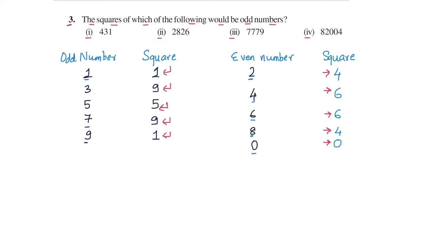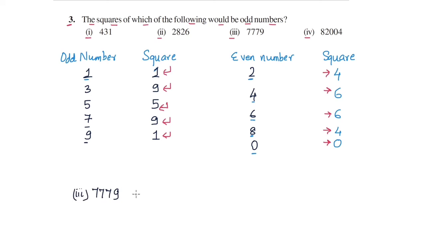So let's start with our question. In the question you just need to observe the ending digit. If the ending digit is odd, the square will also be odd, and if there is an even digit, the square will also be even. So let's start with the third part. In the third part we have 7779, and the unit digit or ending digit of this number is what?